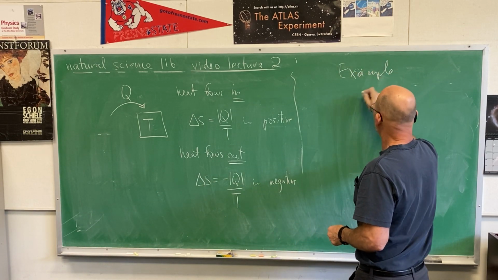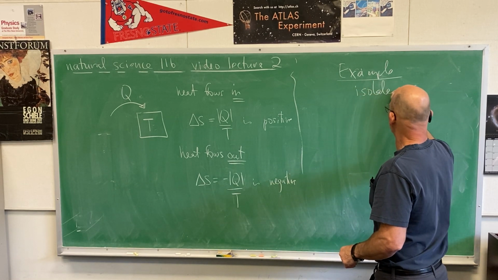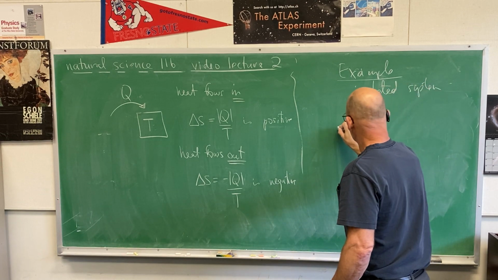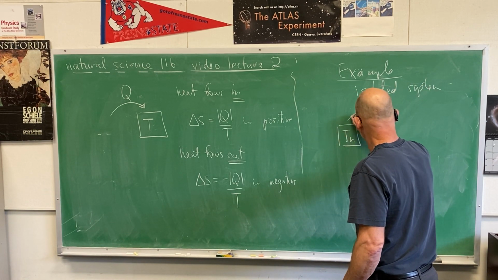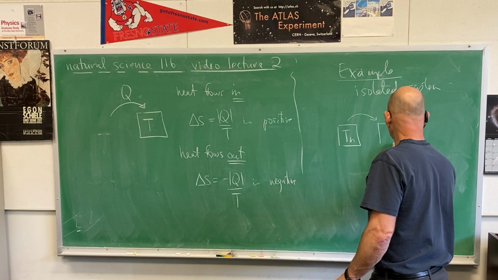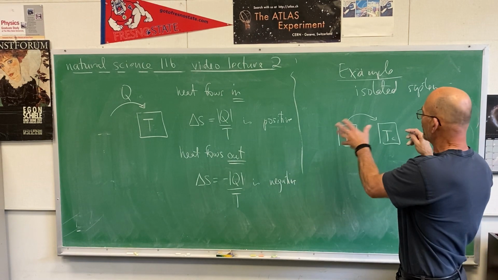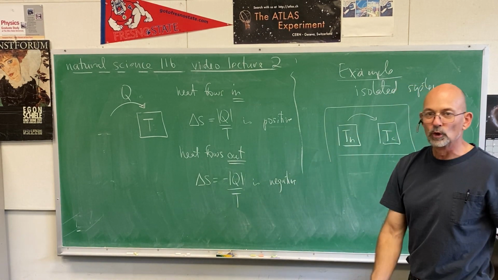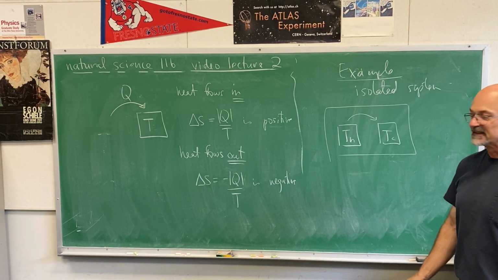Example, we're going to look at an isolated system. And we're going to have a TH and a TC. Okay. And when I say isolated, we've got a hotter and a colder object, and we've just locked the thing up in a cooler. Put the lid down, isolated. Okay, that's the idea. Got an isolated system.